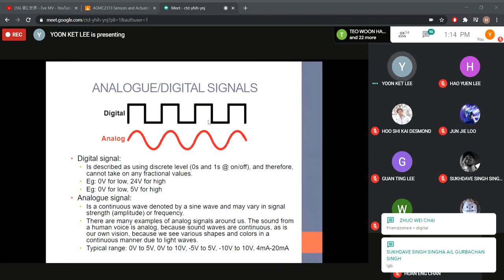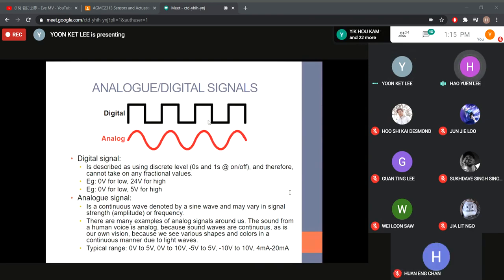Why analog? Because in a relationship there are ups and downs. Sometimes there is feeling, sometimes not. Yes, it's correct. Because if your answer is not definitely yes or no, and the variance is continuous, that would be analog, just like the sine waveform.